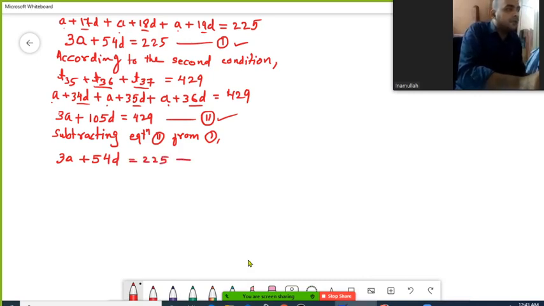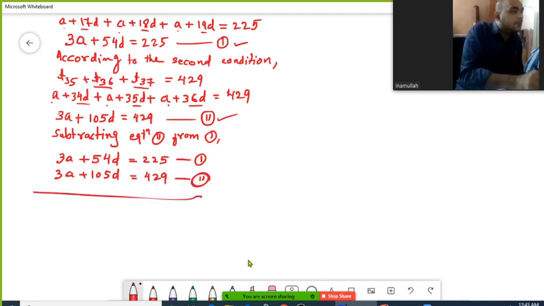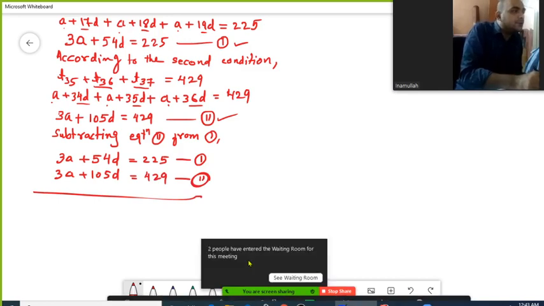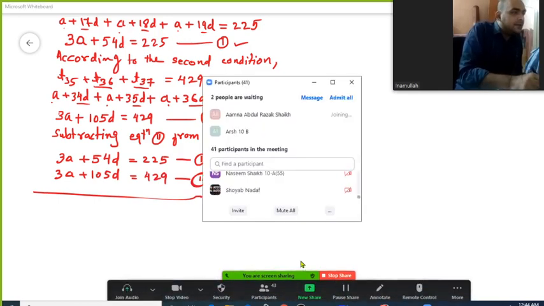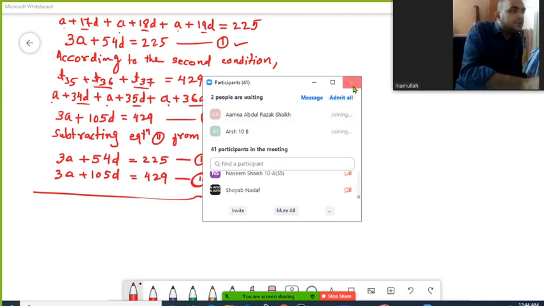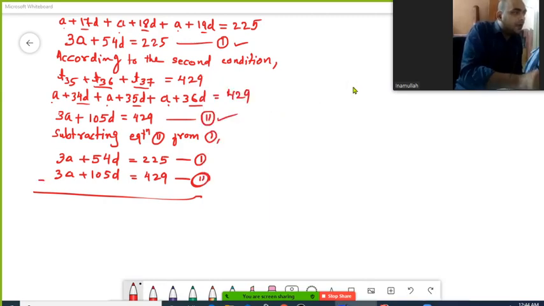Here I can write my second equation, 3A plus 105D is equal to 429. Since we are going to subtract equation 2 from 1, all the signs in equation number 2 will change. So positive 429 will become negative 429.